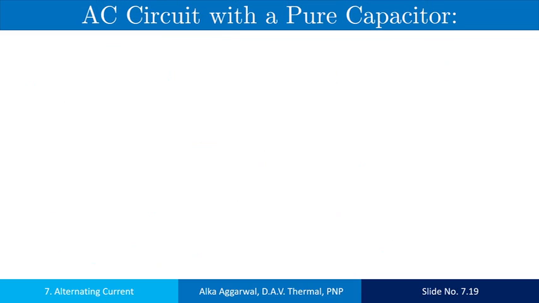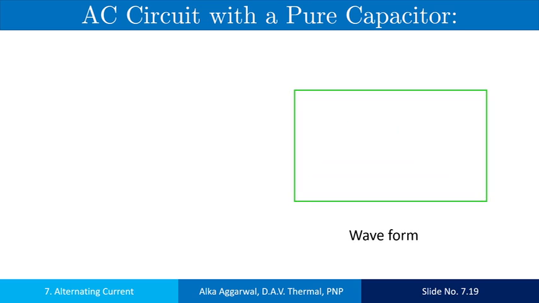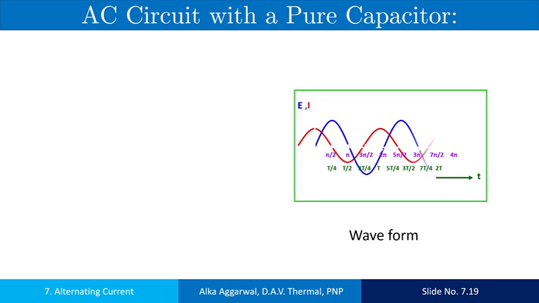Now, let us see the waveforms. As in the case of the capacitive circuit, current leads the voltage. So when we look at the time, the current acquires the maximum value earlier than the voltage.